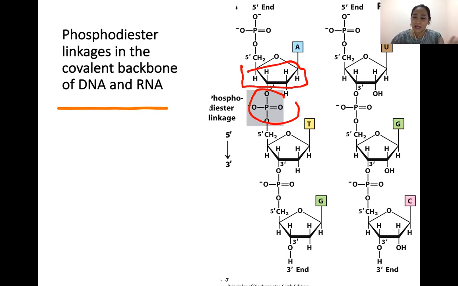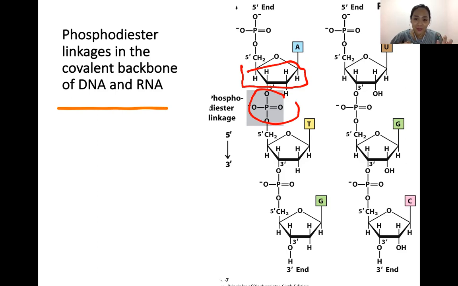In our last lecture, we have discussed that in proteins, the direction that is being followed is from the amino terminal end to the carboxyl terminal end. For the nucleic acids, the direction that is being followed is from the 5' end to the 3' end. But what is the 5' end, and which one is the 3' end?